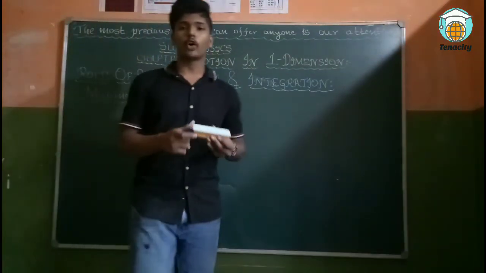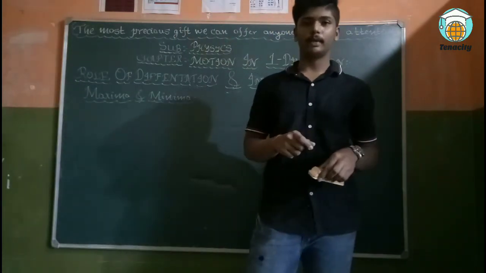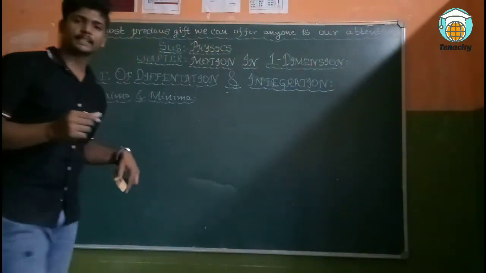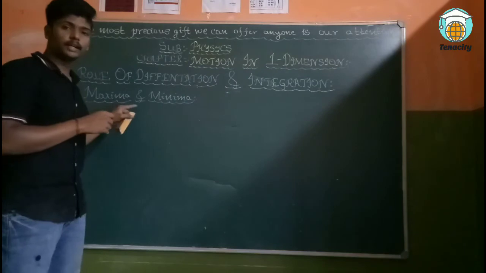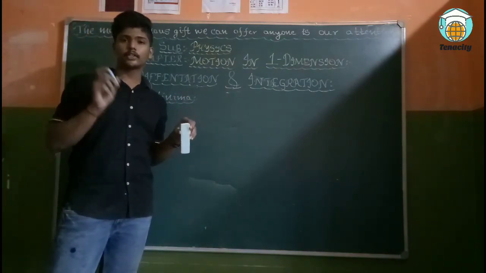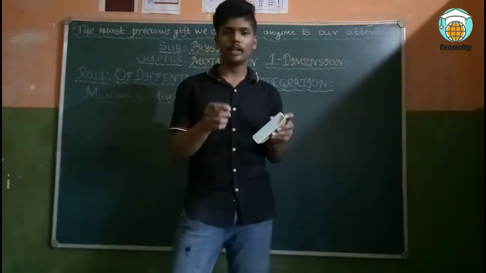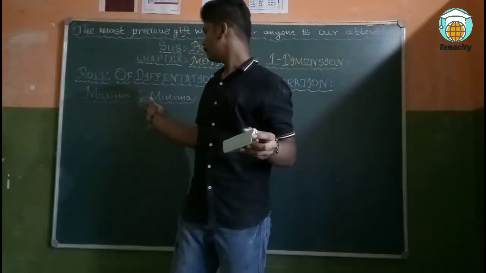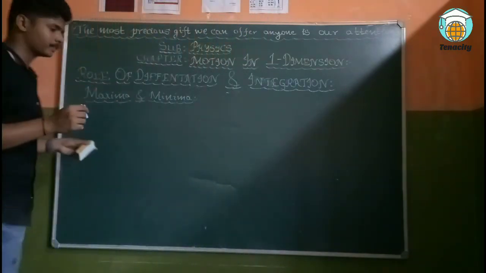Let us discuss the concept of maxima and minima. So what is maxima and minima? Maxima is the maximum value of a given situation or a given value. Minima is the minimum value.